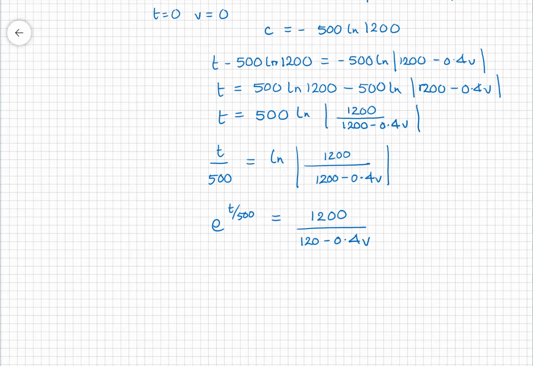And then we can cross multiply to give us, I beg your pardon, I left a 0 out there, 1200 minus 0.4v is equal to 1200 over e to the t over 500.